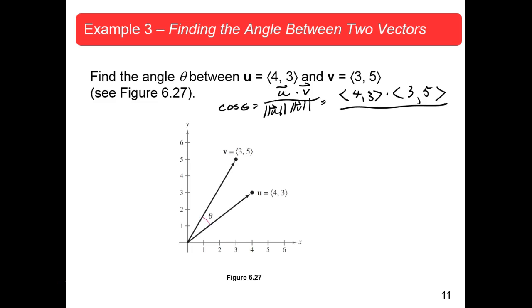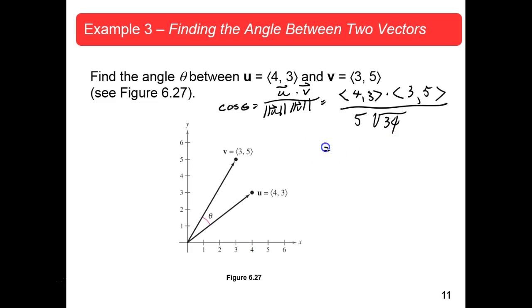Now what's the square root of 25? 5. So you already did the square root. And in the next one, 34. Okay, there's your denominator done.